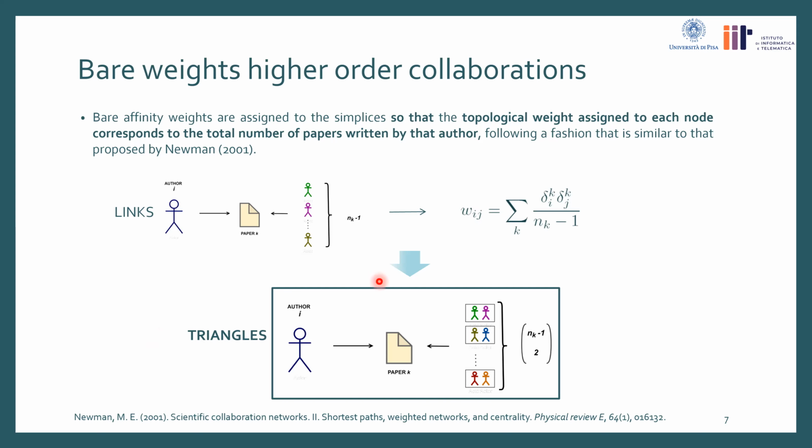The idea is to reason in an analogous manner. Author i in a triangle shares its collaboration with all the possible pairs of other co-authors of the paper k, which are exactly the binomial coefficient of n_k - 1 choose 2.